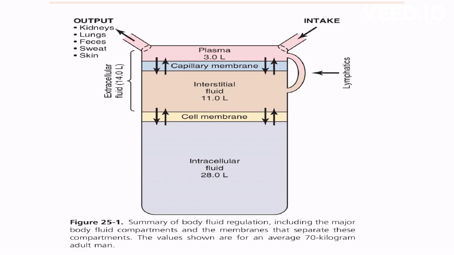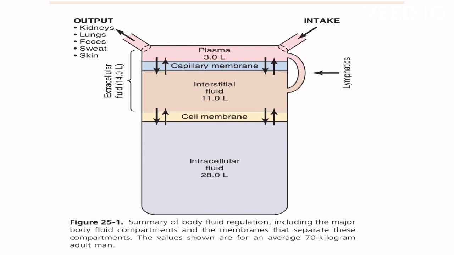and the extracellular contains about 14 liters, which is further divided into two smaller compartments such as interstitial and the plasma. Interstitial contains about 11 liters and the plasma contains about 3 liters. And fluid between these two smaller compartments, plasma and interstitial, are always mixing.